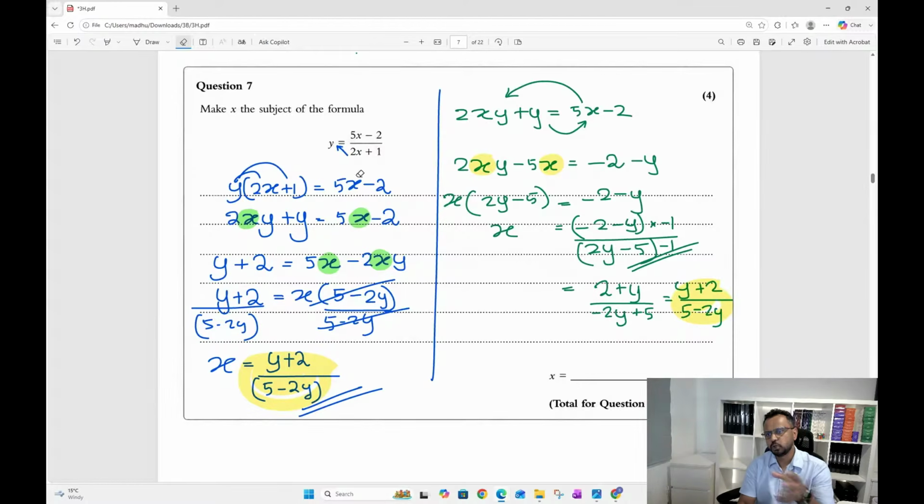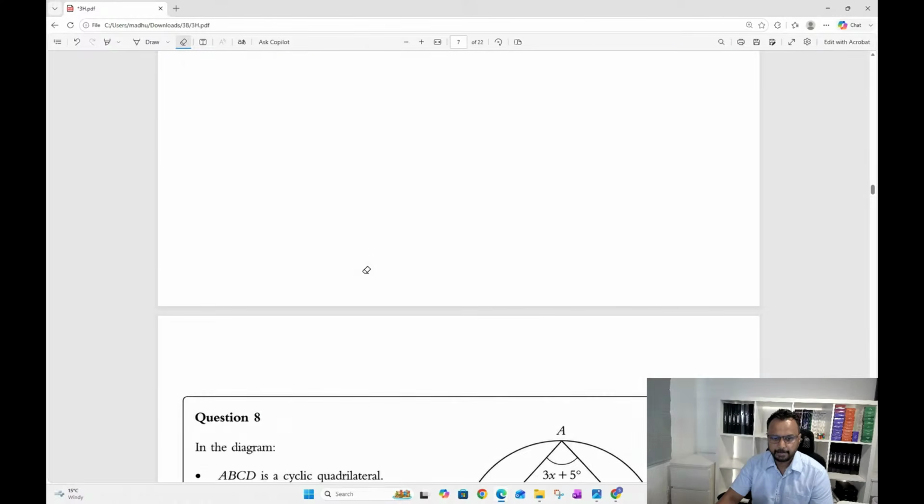This 2xy goes to the other side, there'll be only one negative sign. I figured out just by looking at it, it just makes it easier. Do I have to do it that way? No. You can do it either way and you'll get equally the same mark. So any method is fine, guys, okay?